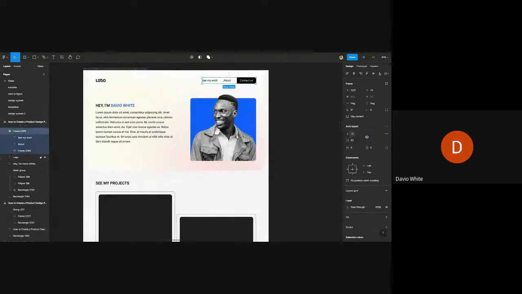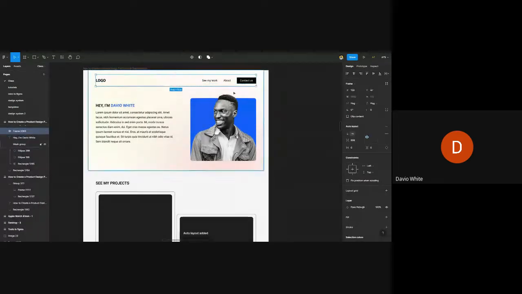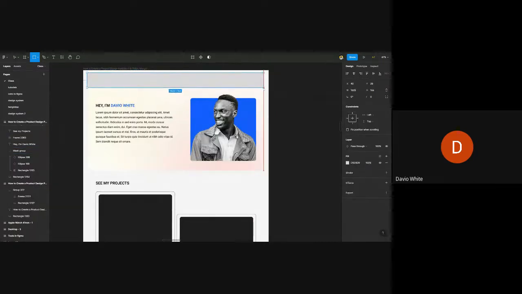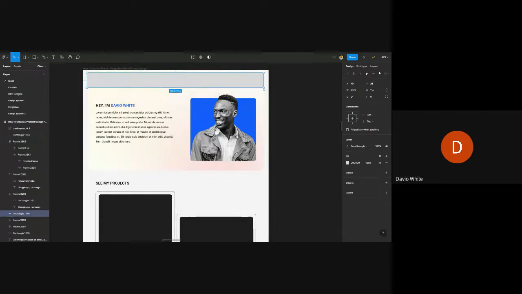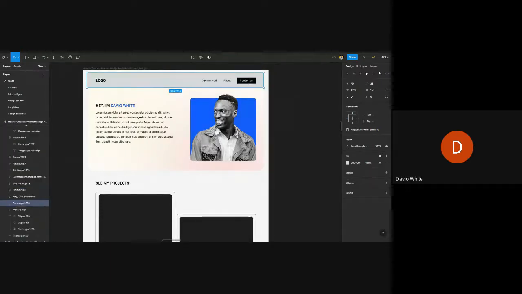I'm going to apply auto layout to this and draw something more like a square that will carry it. It's going to be white. So this is going to be white.